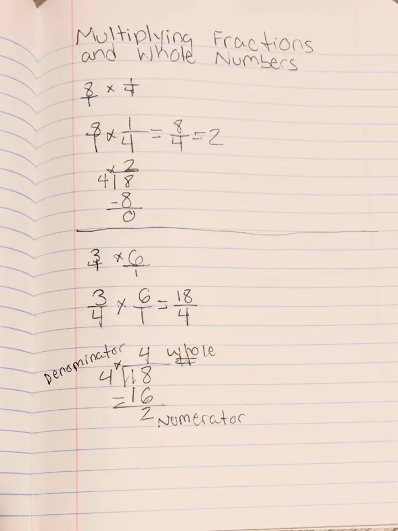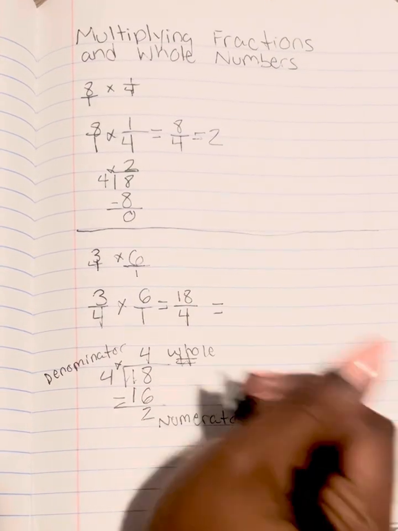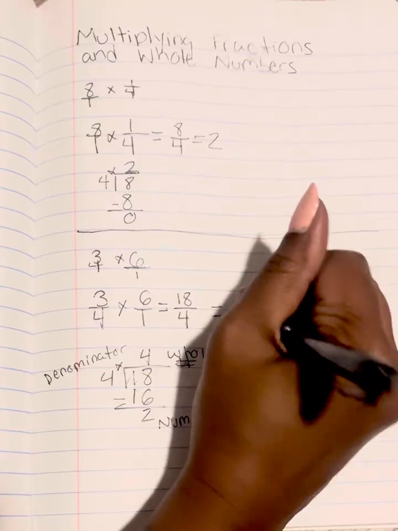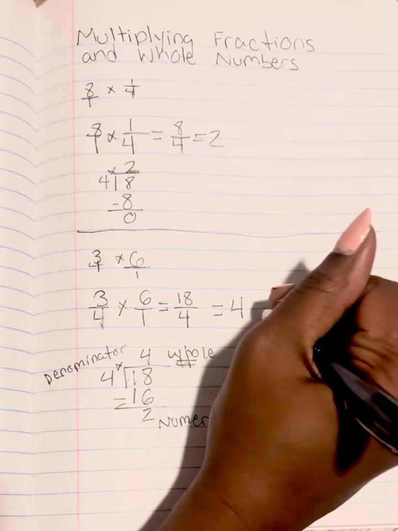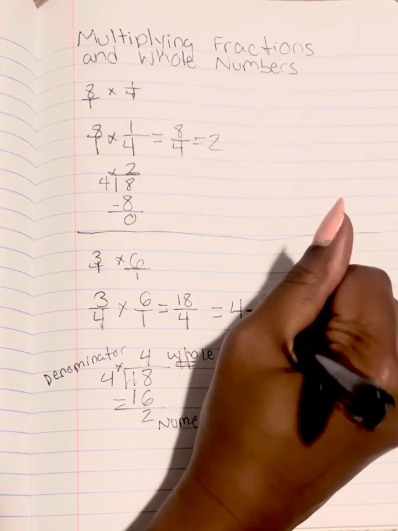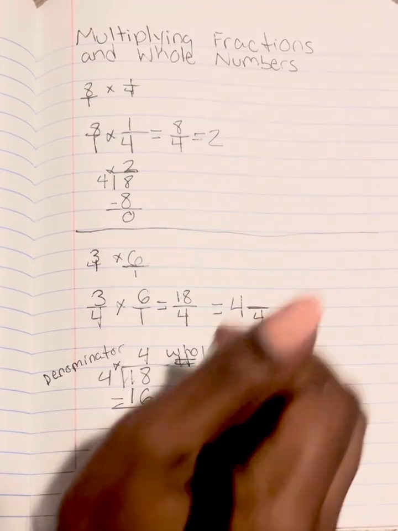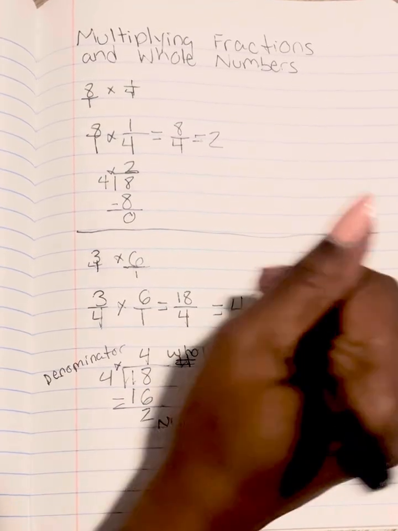What that looks like is: my whole number of 4, my denominator of 4, and my numerator is 2.